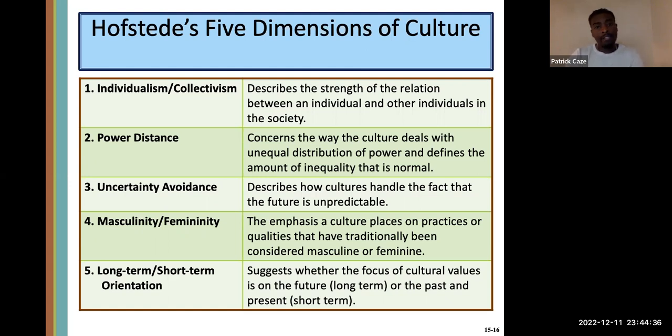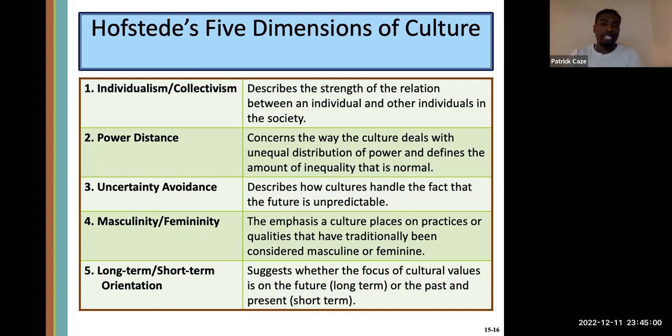Now let's look at Hofstede's five dimensions of culture, okay? Individualism and collectivism, right? So basically, these dimensions of culture describe individual characteristics, and they give a score for each country based on how each country scored in those categories, right?